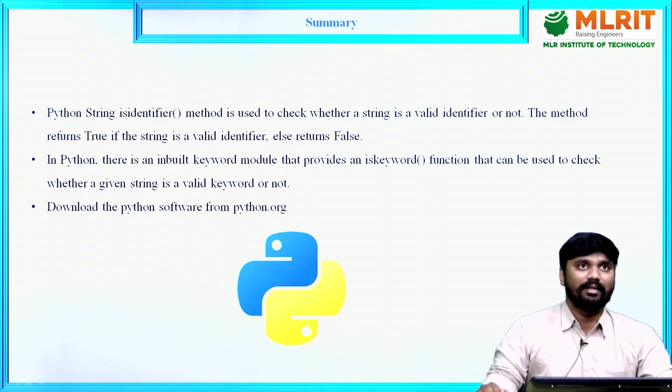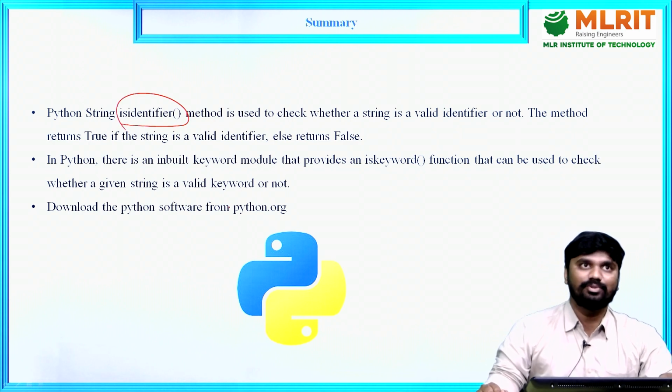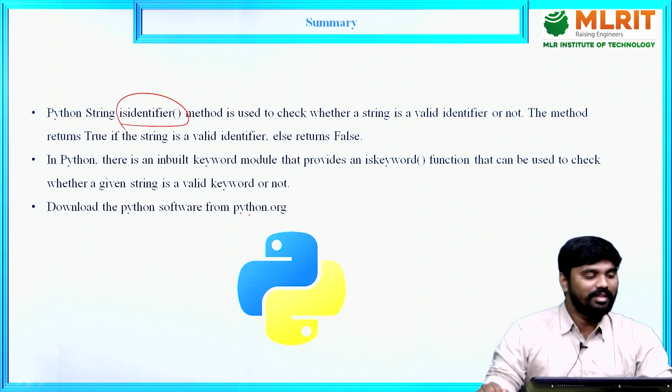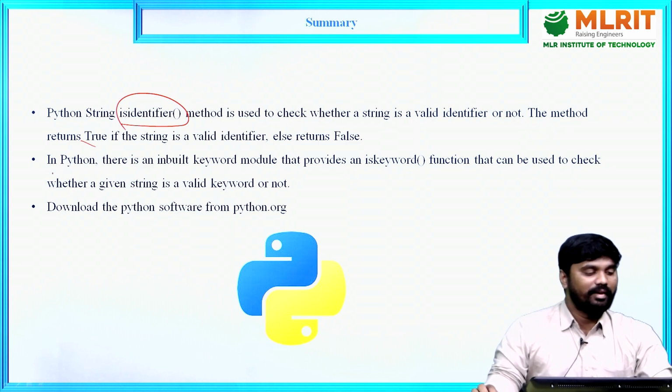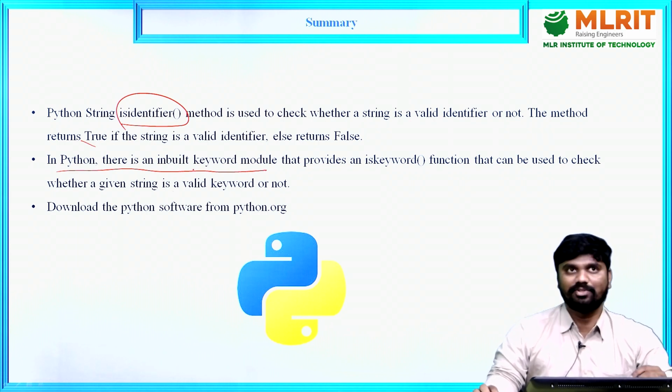Next, as a conclusion of what we discussed, the Python string method isidentifier is used to check whether a string is a valid identifier or not. That method returns true if the string is a valid identifier, else it returns false. Next, in Python there is an inbuilt keyword module. Just now we imported that keyword module.